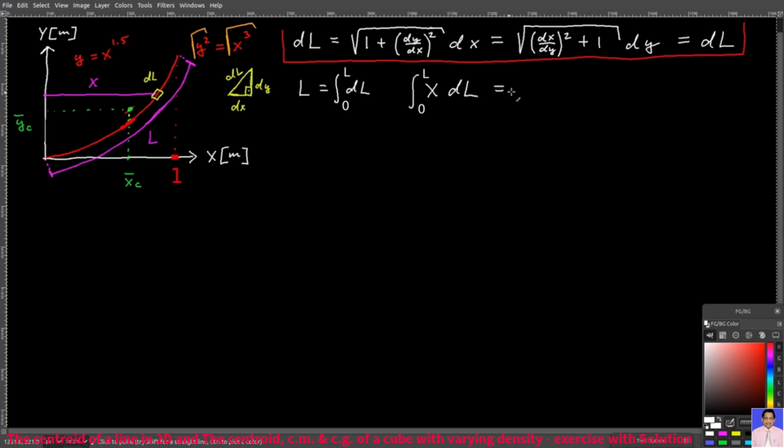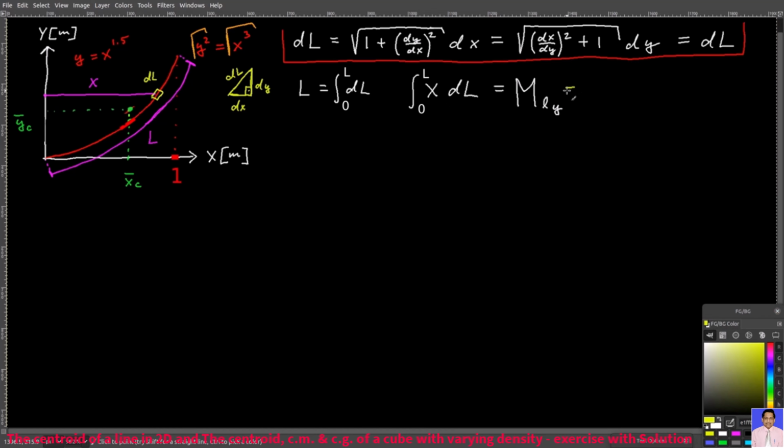We can call it mly, because this x is the distance between dl and the y-axis. Again, it's not a moment, it's simply an integrated product of a dl and its corresponding x.